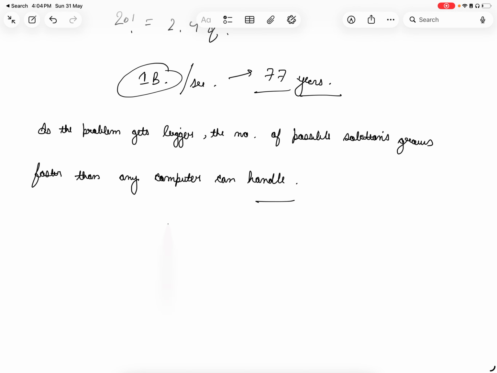So that is why the brute force methods fail. So we need certain smarter methods.